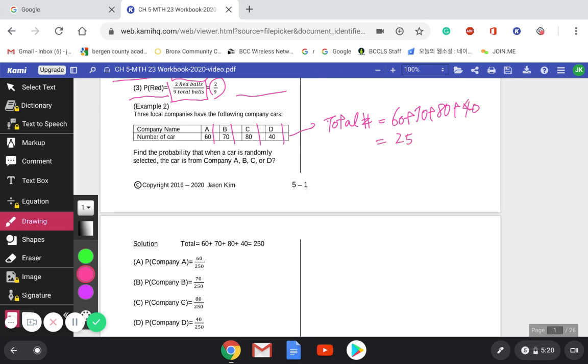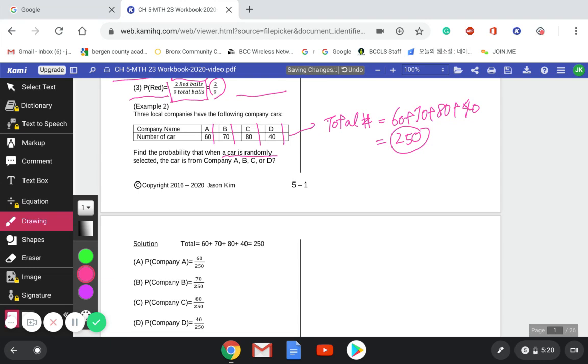Then when you randomly choose one car, what will be the probability that it belongs to company A for number one, company B for number two, and C and D for the rest of the questions?